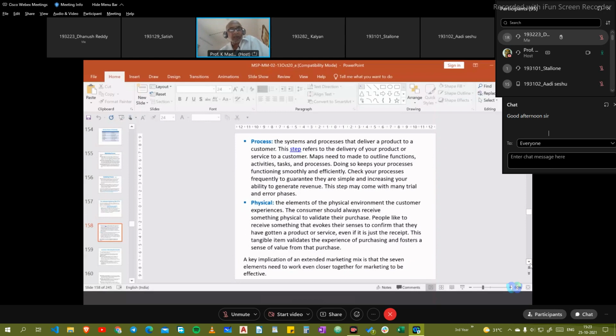And also the experiences that they have, you know, in ease of service, reliability, durability of the product, and the functionality. All this. So people, even if it is a service, it is said that they wish to receive something tangible.